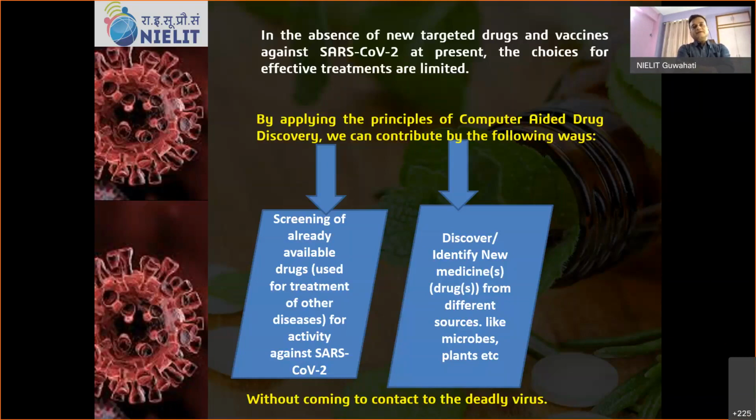Against those targets, computational scientists, using artificial intelligence and structure-based drug discovery techniques, did a repurposing exercise. Repurposing means the use of an already available FDA-approved drug against SARS-CoV-2, and to a large extent they became successful also.